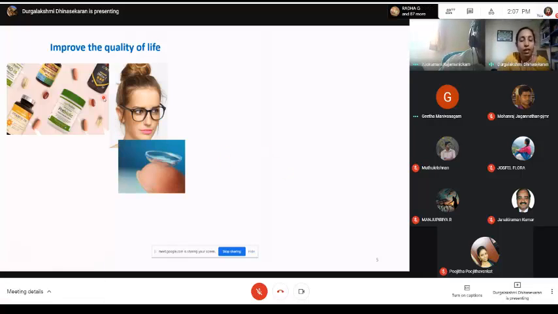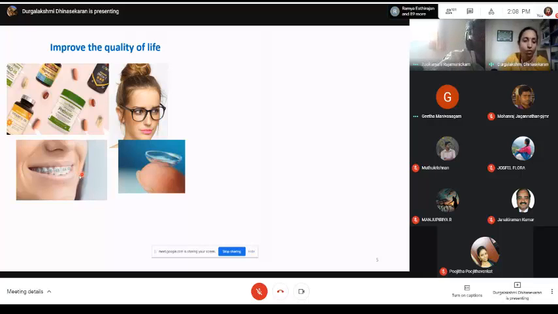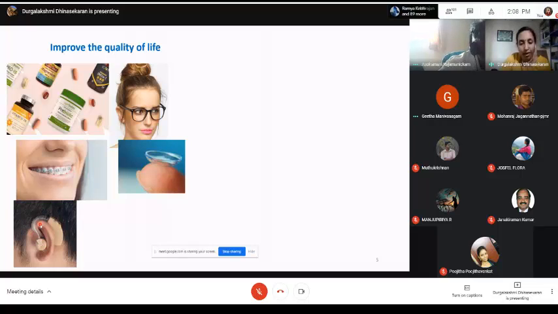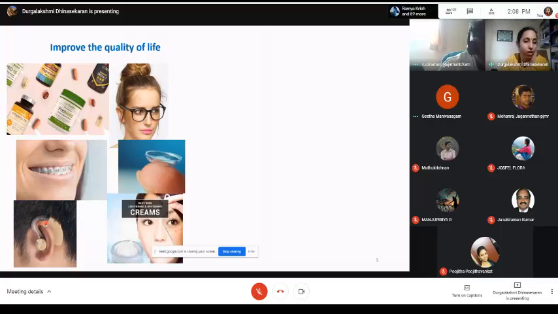They can be taken in vivo, inside the body system, or used in external applications like glasses or contact lenses, dental dentures, ear implants, external hearing aids, and oil based or sunscreen lotions. These are used by the human system to improve the quality of life.